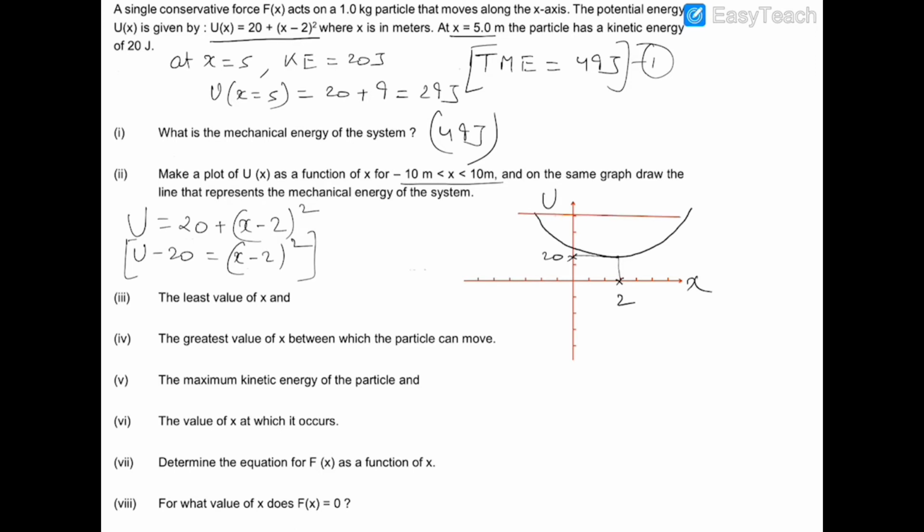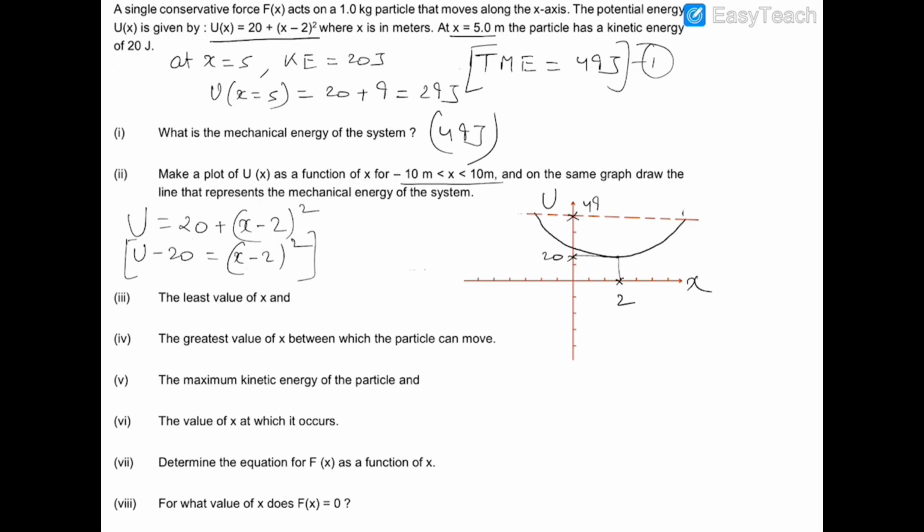So this will be the line of total mechanical energy. This will be 49.